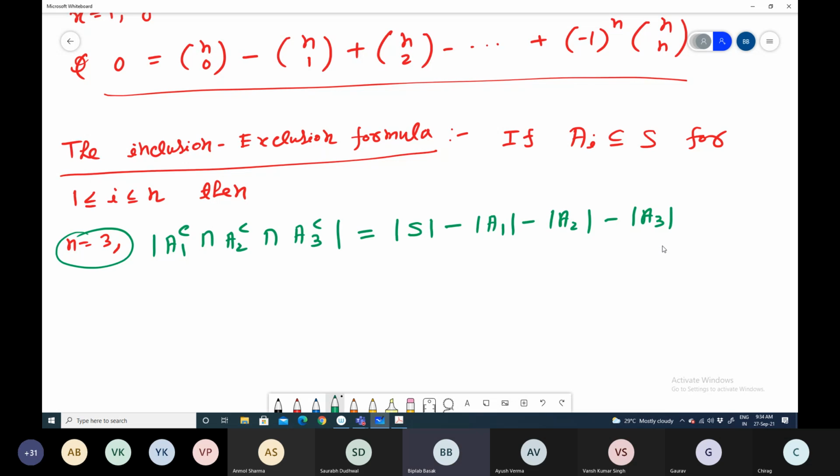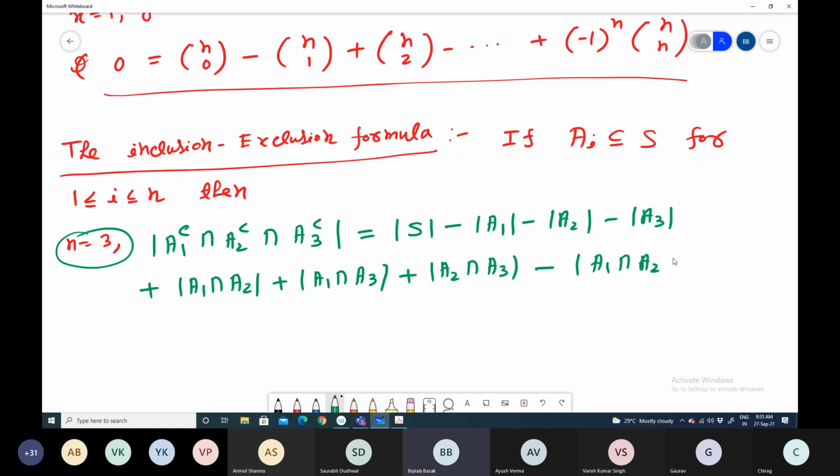and then we will take plus all possible pairs, that is A1 intersection A2 plus A1 intersection A3 plus A2 intersection A3, and again take the minus. Since we have only 3 terms, we have A1 intersection A2 intersection A3.